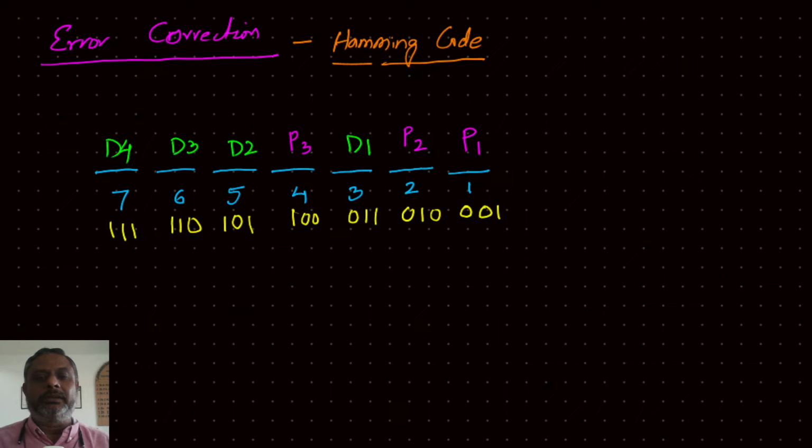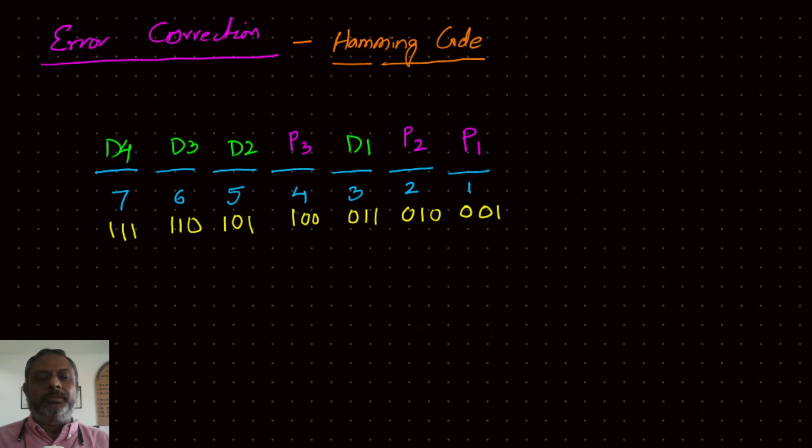All other bits can be used for transmitting the data. So out of 7 bits, 3 bits are reserved for the parity, that is the first bit, second bit, and fourth bit, and the other 4 bits, that is the third bit, fifth bit, sixth bit, and seventh bit, are reserved for the data.